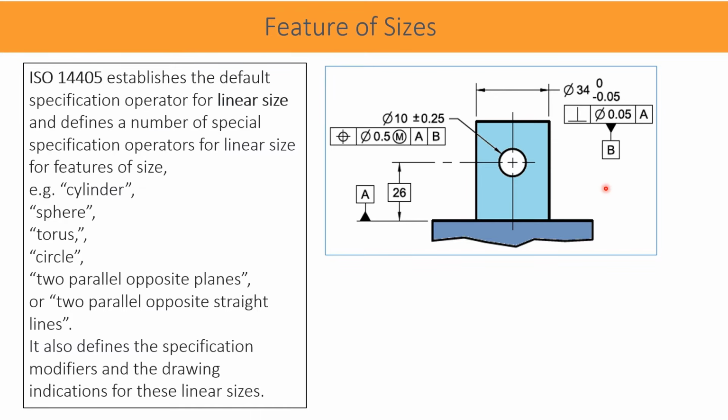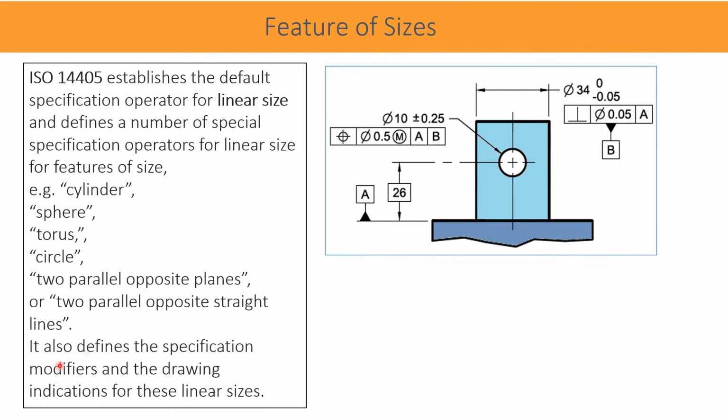ISO 14405 establishes the default specification operator as well as special specification operators for the linear sizes of features of size like the cylinder, sphere, torus, circle, two parallel opposite planes or two parallel opposite straight lines.